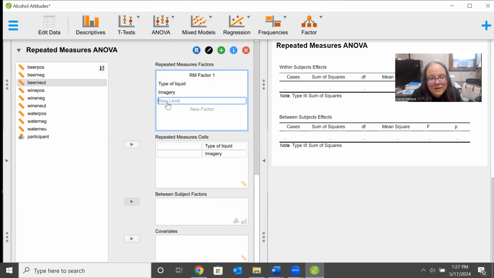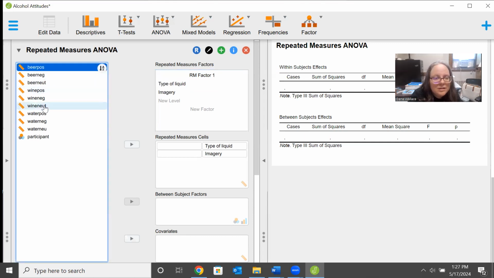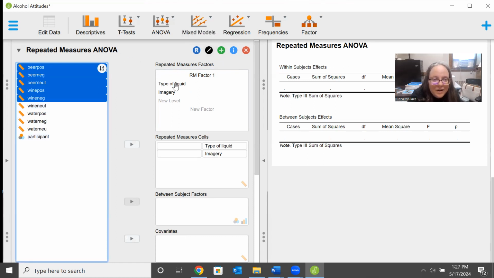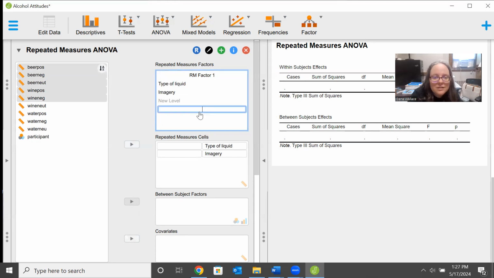Oh, but we do need a new level within imagery. We'll have positive. Oh, no, we're just getting all of that. Oh, it's because I was typing in the wrong things. All right. So this is our factor, type of liquid. Let's put liquid.